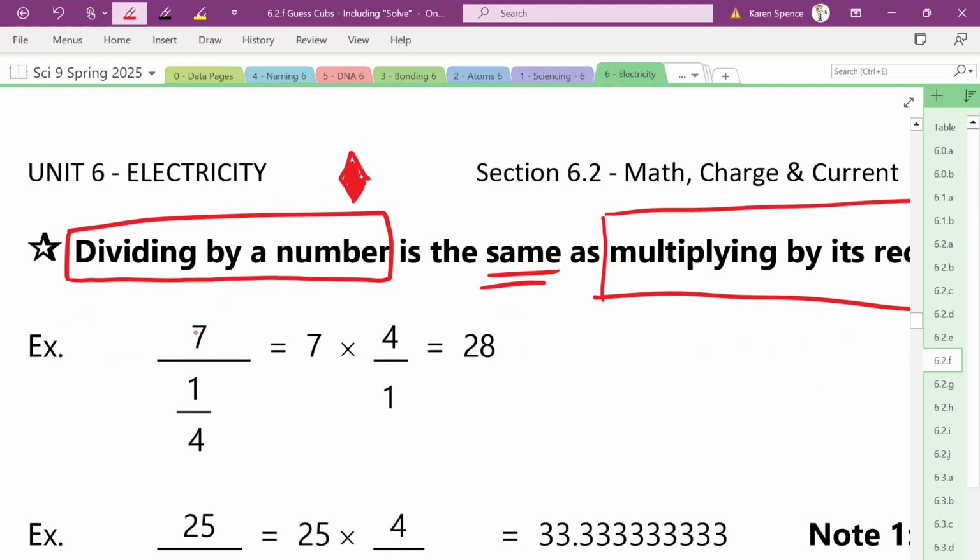So let's say I had 7 and I'm dividing by 1 over 4. That's the same as multiplying by the reciprocal of 1 over 4, which is 4 over 1. So 7 divided by 1 over 4 is 7 times 4 over 1, and you can do that either on your calculator or in your head, and you get 28.